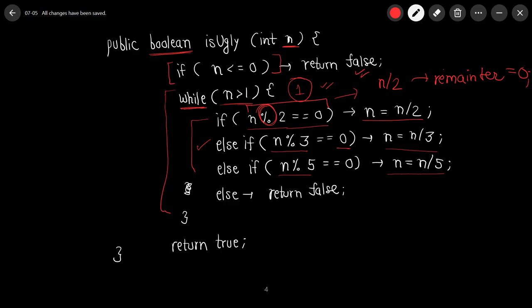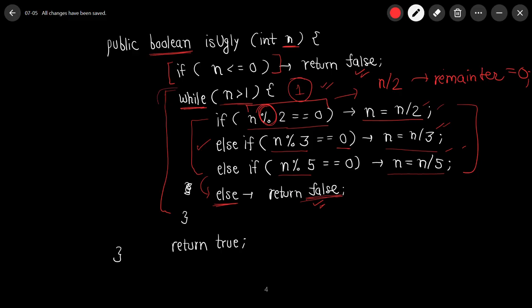And if it's not divisible by any of them, then we go to the else case, and thus we return false here, because none of them were able to divide our number completely. Which means we had some other factor apart from 2, 3 or 5. So that's why we return false.